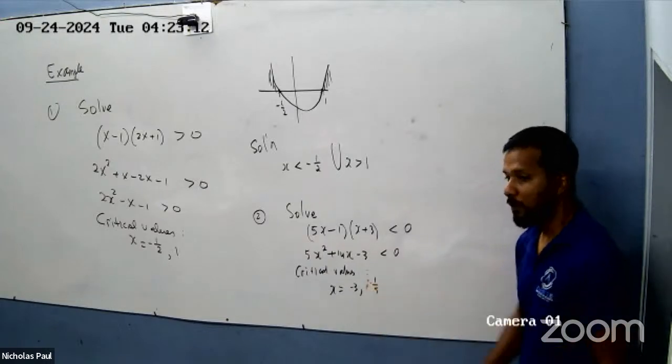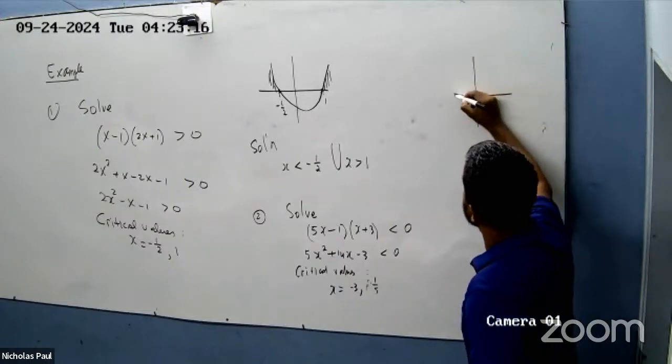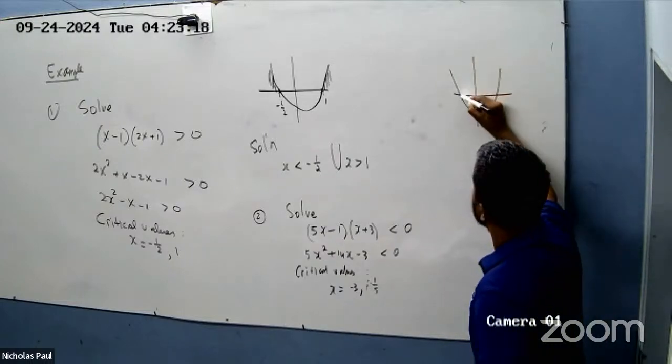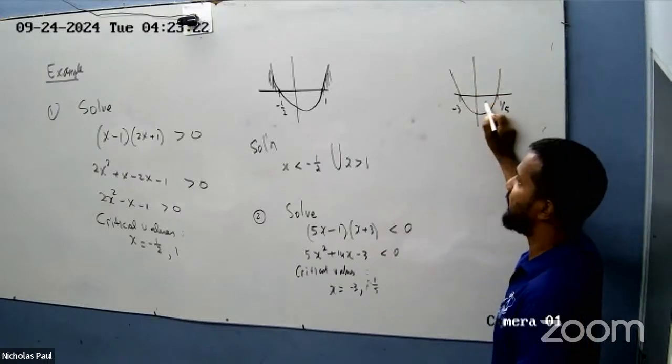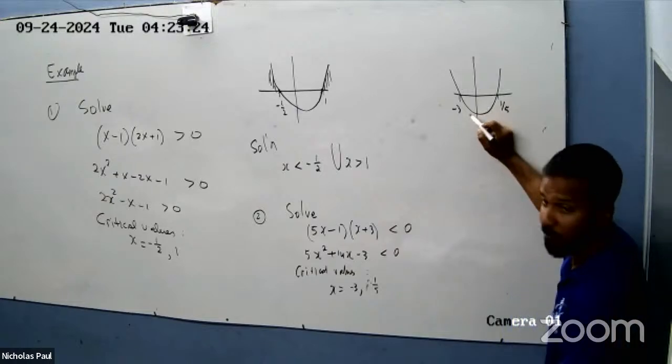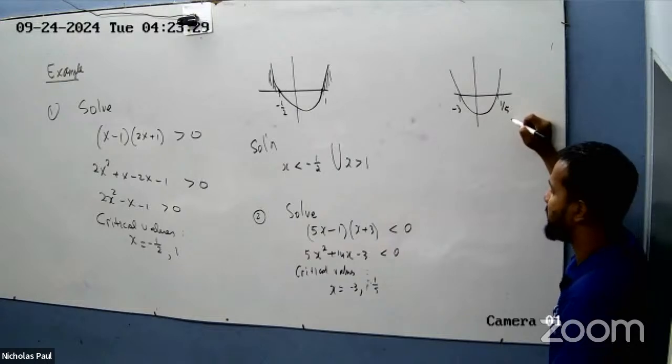Right? -3 and +1. Do a quick little sketch. This is -3, this is 1. It's not really to scale, right? But the most important thing is that you highlight these two where you touch the x-axis.